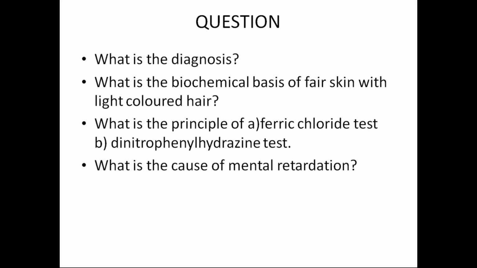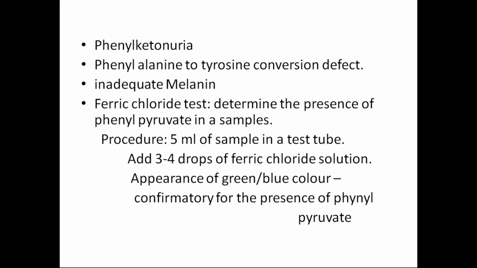So this is the biochemical basis of fair skin color and white hair color. That is due to inadequate melanin formation, because of decrease or inadequacy of tyrosine due to failure of the conversion of phenylalanine to tyrosine.